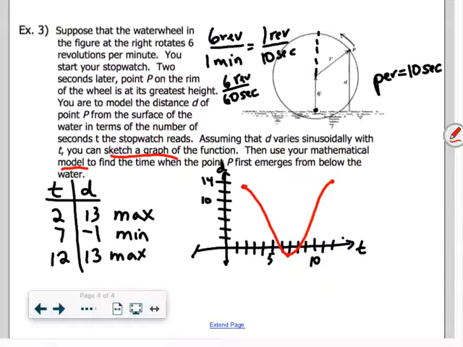So if the period is 10 seconds, I know that 2 pi divided by b is 10. So if we want to write the equation, we need A, B, C, and D. We're going to need all 4 letters, and we know how to do this. So this gives me 2 pi equals 10b, and if I divide by 10, b is pi over 5.